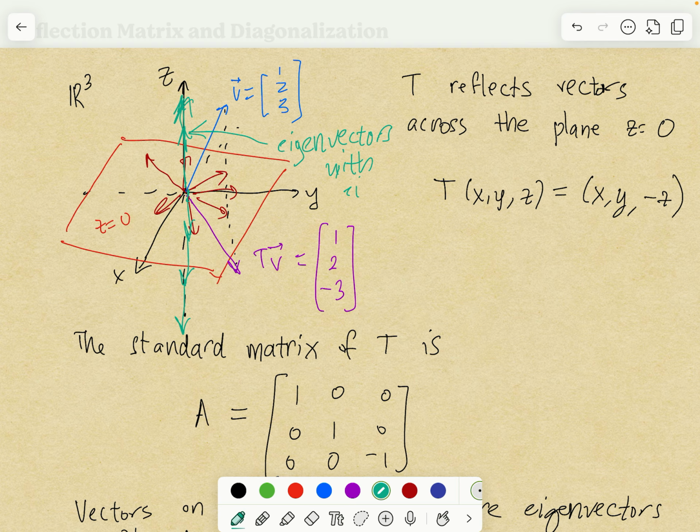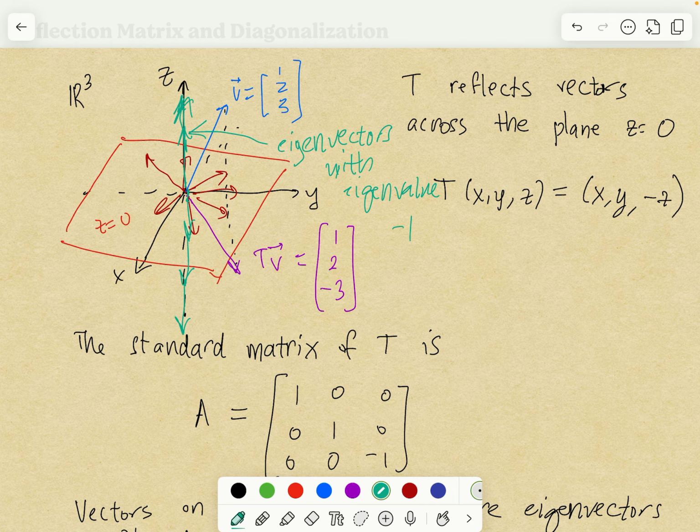Well, this matrix is going to take a vector on the z-axis to negative itself, negative 1 times itself, because it's going to take 0, 0, z to 0, 0, negative z. So that's multiplying that vector by negative 1.